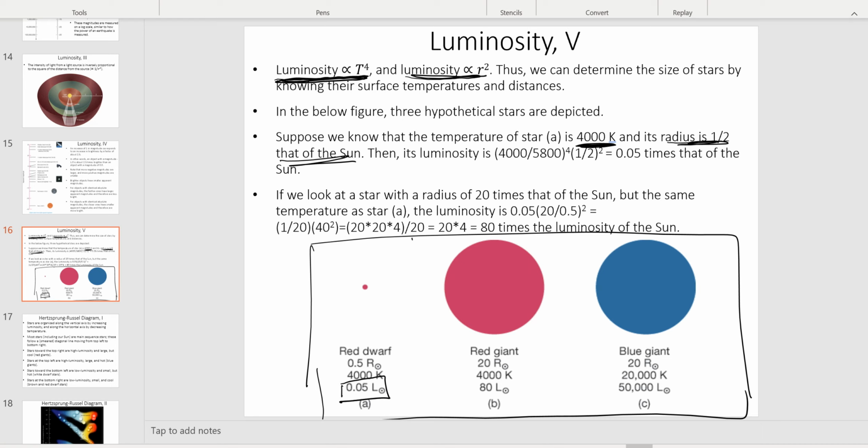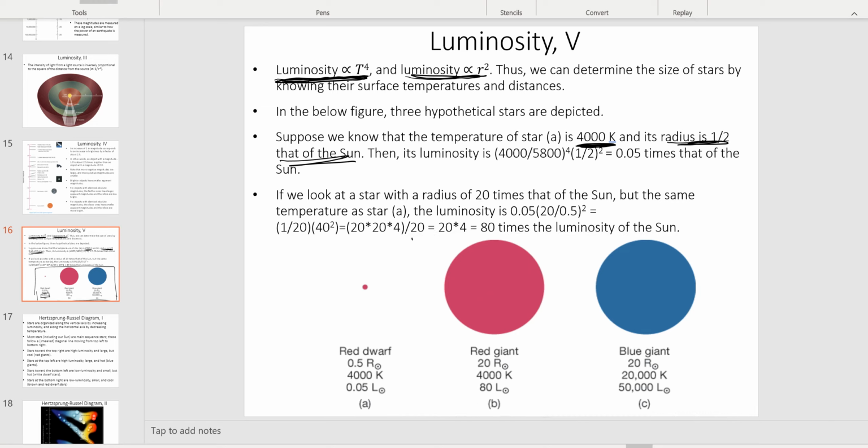So how do we know that? We can actually calculate that by knowing the radius and the temperature. I'll just do that calculation for you here. We know that the luminosity of a star is proportional to r squared. So we take 1/2, which is the size of this red dwarf in comparison to the sun.